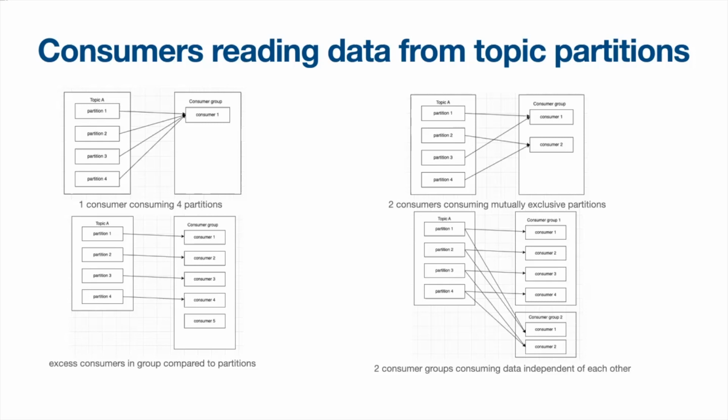If you add more consumers in your consumer group than the number of partitions, you are simply wasting your consumer CPU resources. So always remember that the maximum number of consumers that can be present in a consumer group is equal to the number of partitions present in the topic.